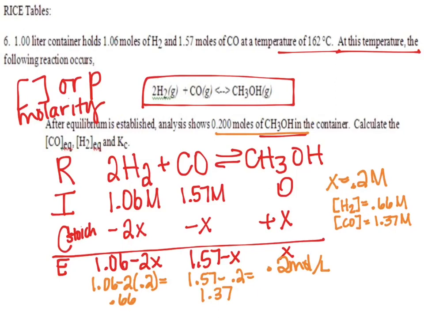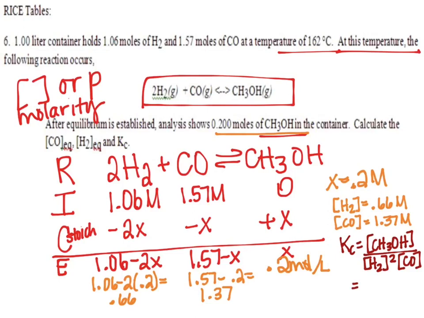And then the last part of our question says calculate Kc. So Kc is going to equal the concentration of CH3OH over the concentration of H2 squared times CO. Now substitute your numbers in to solve.